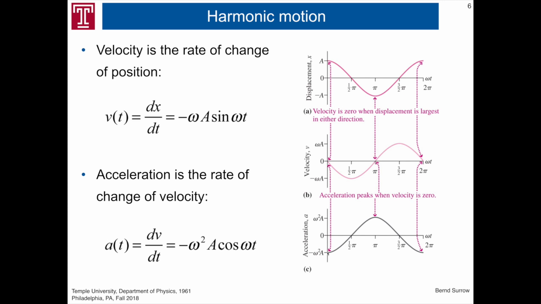When it's in the equilibrium, the acceleration is 0 because x equals 0. There is no force acting on that, and then the whole process repeats itself, but in the other direction. So please review these graphs: displacement, velocity, acceleration, and make yourself clear about this, always using behind the scenes that example of a mass connected to a spring.